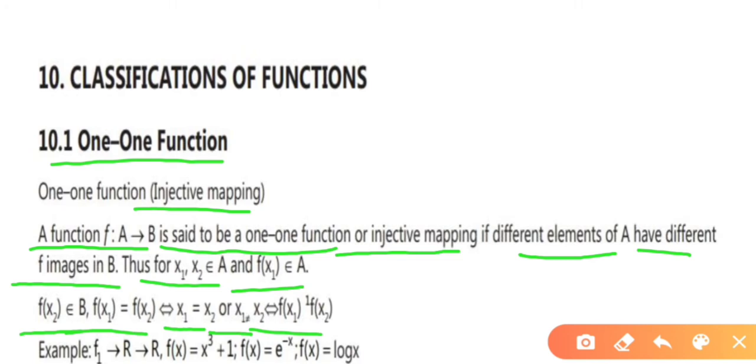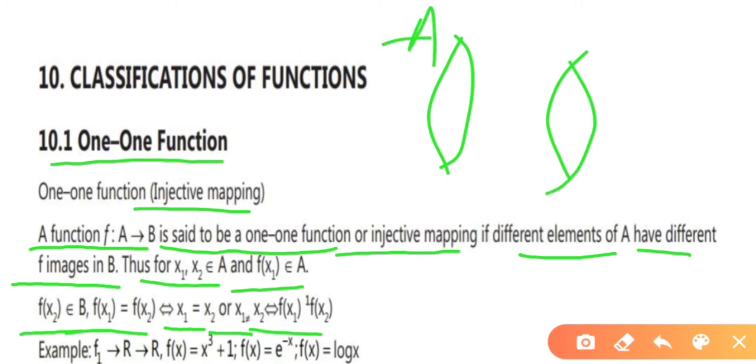Next, one-one function simply means, just keep in mind, you have already studied domain and codomain. You already know set A and set B. Every element of A has a different image in B. Set A consists of 1, 2, 3.